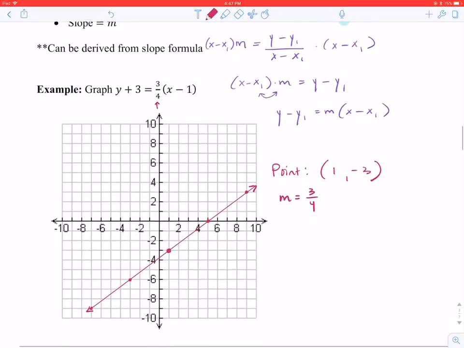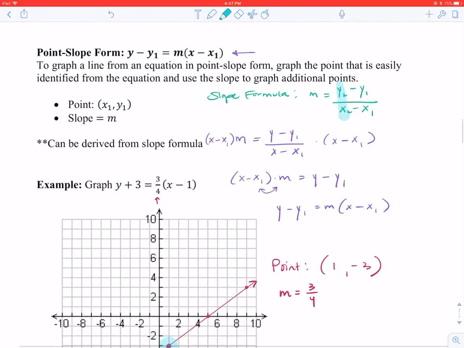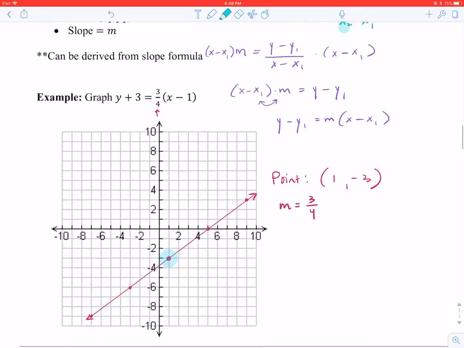Now, every line has infinitely many points. So we just graphed the line from this given equation. But because there's infinitely many points that lie on the line, that means there's infinitely many equations in point-slope form that can represent the same line.